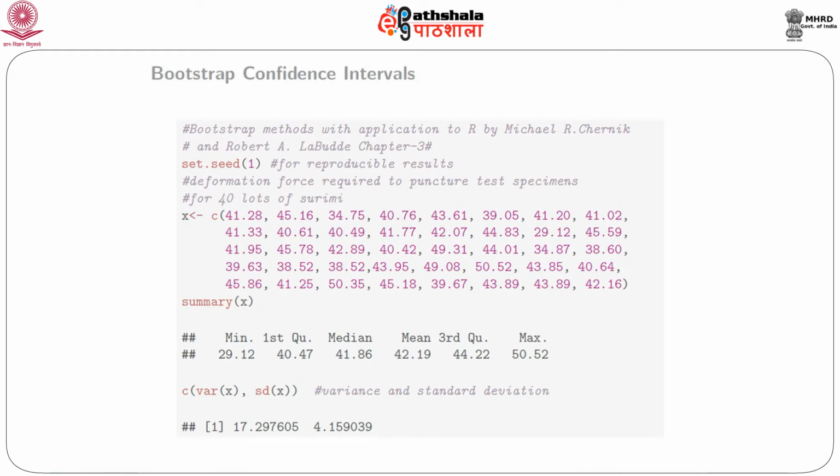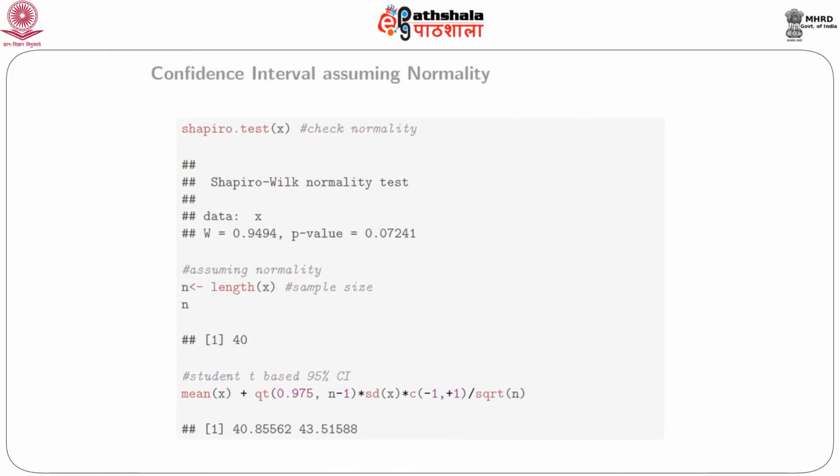And to test normality, if the data can be assumed to be normal, we can use shapiro.test(x). So, the Shapiro-Wilk normality test, and the p-value is nearly significant, 0.07.